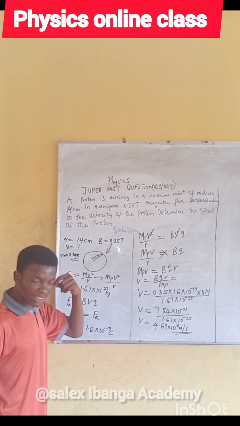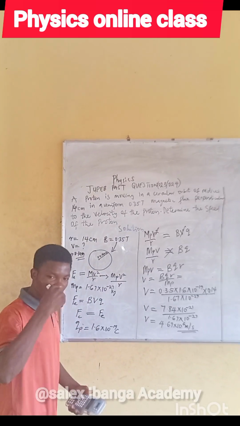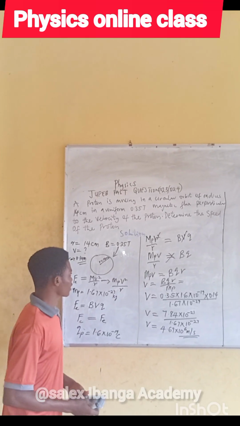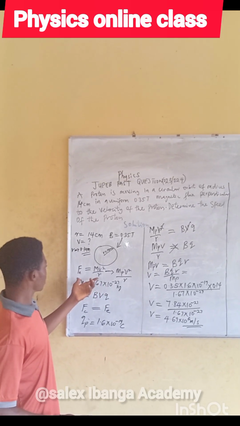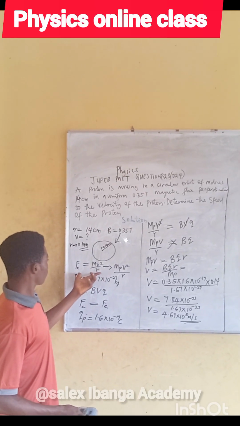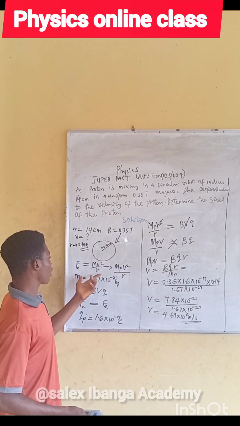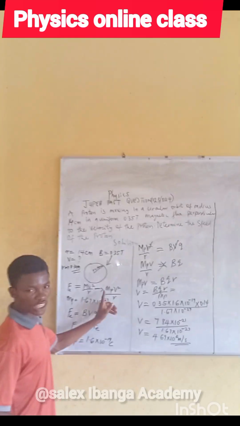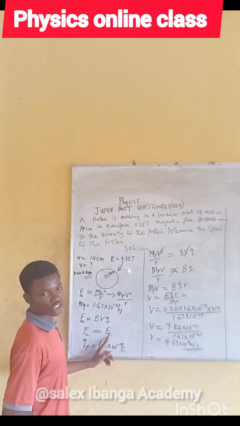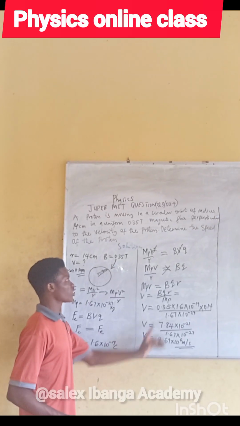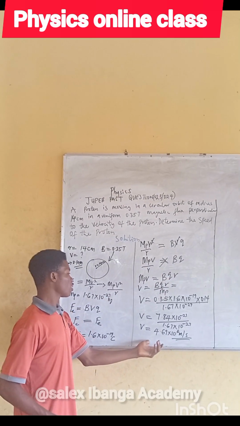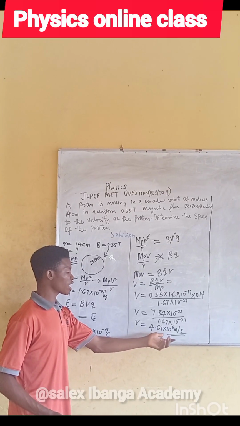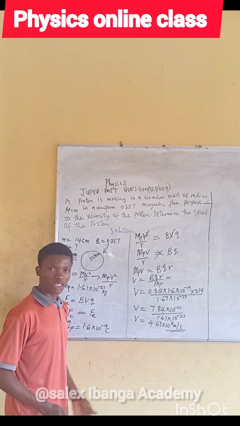You need to understand the question, and that's why you need critical thinking. We derived the formula for centripetal force, mv squared over r. From here, we get our velocity. We take the force on the electrons, arrive at this one, derive it, then get our final solution: V equals 4.69 times 10 raised to the power 6 meters per second.